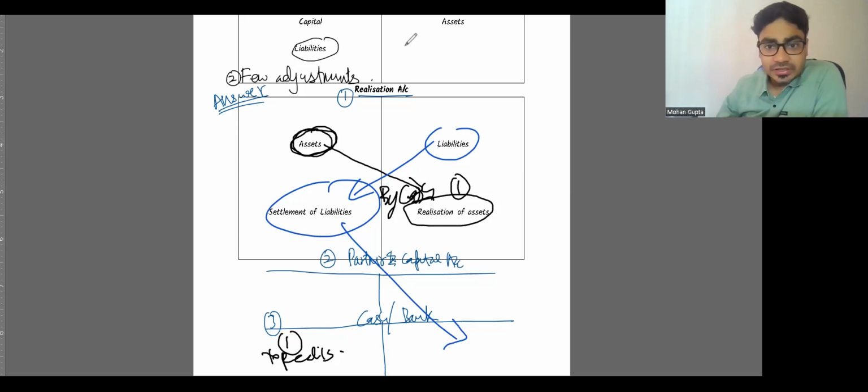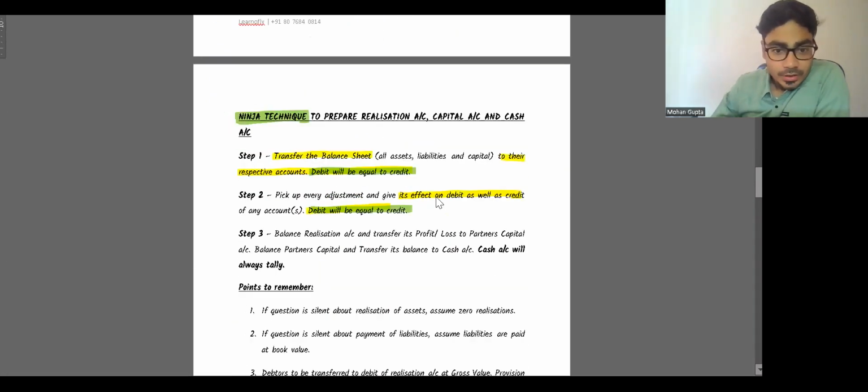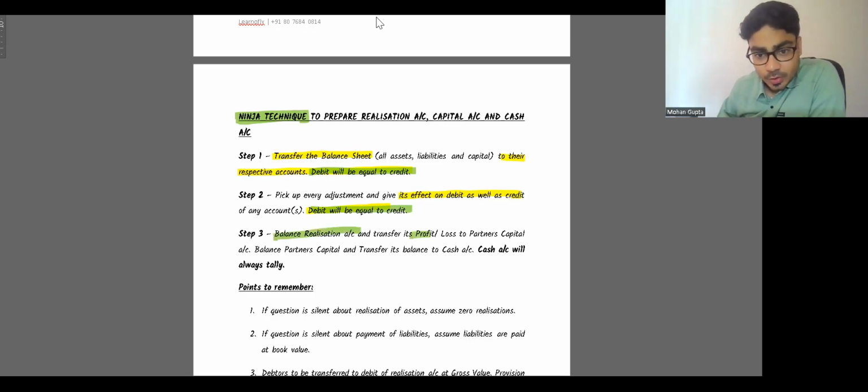And after that, there is the last step. Balance realization account and transfer its profit or loss to partners capital, balance partners capital and transfer its balance to cash account. So what we are doing, basically, we are finding the balancing figure.